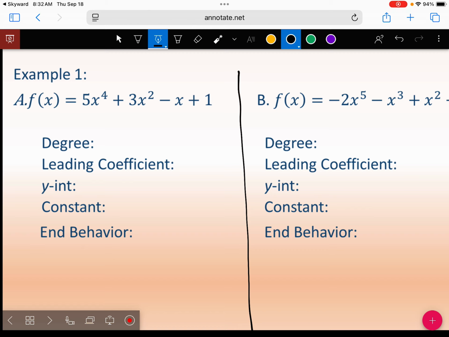Now, realize that these two are the same thing. The only difference is that when I'm asking for a y-intercept, your answer should always be an ordered pair. And the constant, or the place where the graph is going to cross through the y-axis, is always that one term that doesn't have an x.